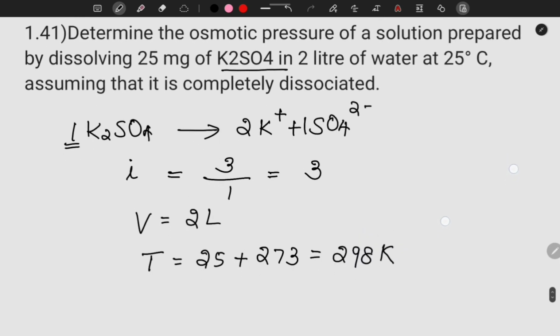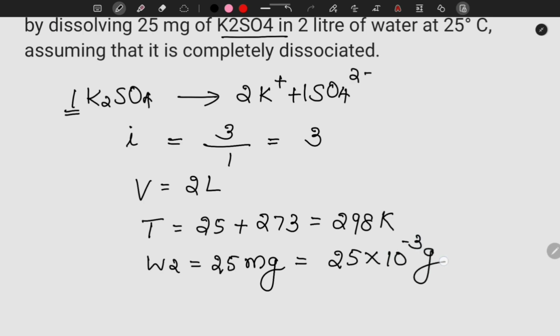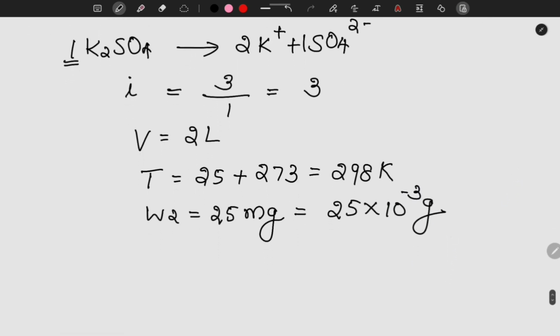Now we have to calculate the osmotic pressure. Before that, mass is given in milligram, 25 milligram. So we have to convert into gram. 25 by 1000, that is 25 into 10 raised to minus 3 gram. Now osmotic pressure pi is equal to i into C, mass of solute by molar mass divided by volume of solution in liters.